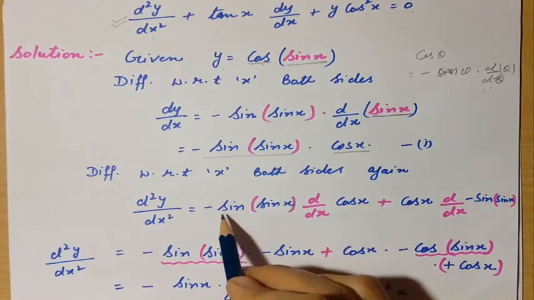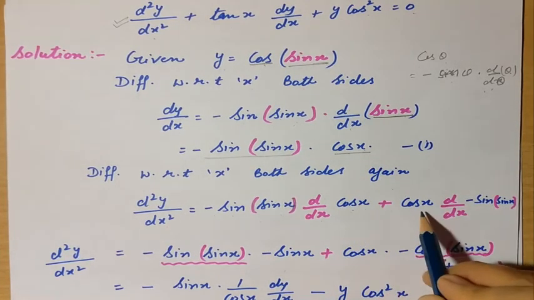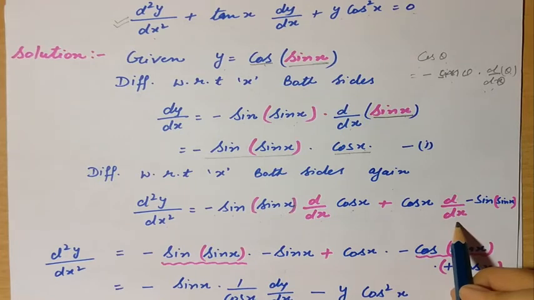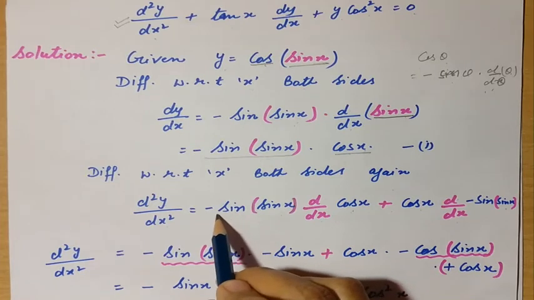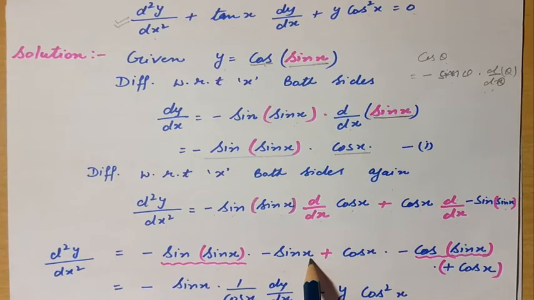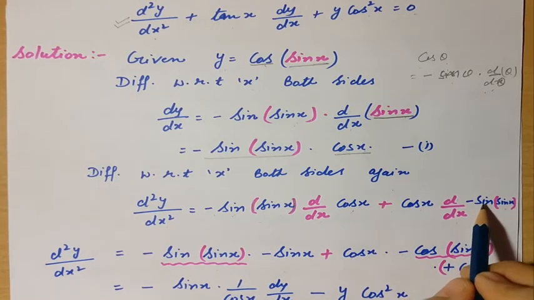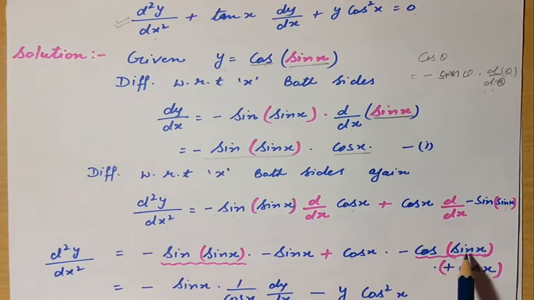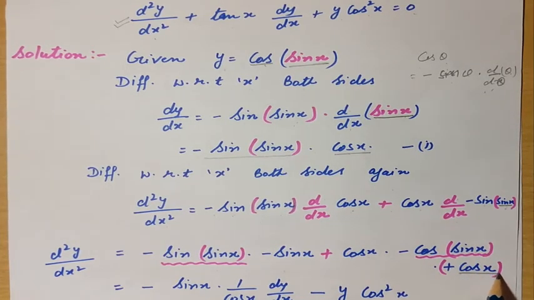Take u as it is, minus sin of sin x, into differentiation of v, which is cos x, plus v as it is, cos x, into differentiation of minus sin of sin x. The differentiation of cos x is minus sin x. Then cos x as it is, and for minus sin of sin x, the derivative is minus cos of sin x, where theta is sin x, into differentiation of sin x, which is cos x.